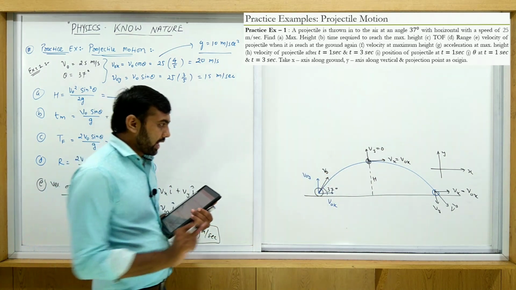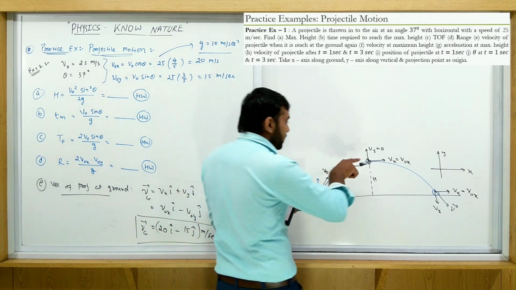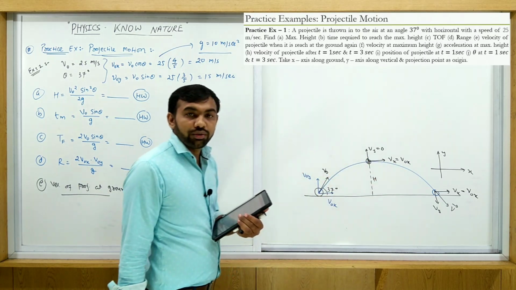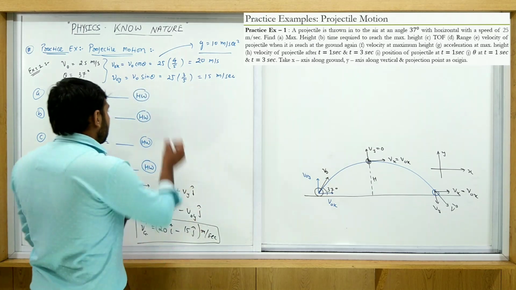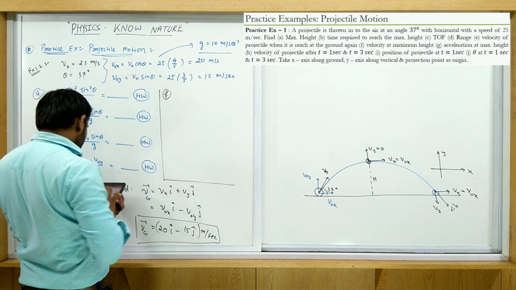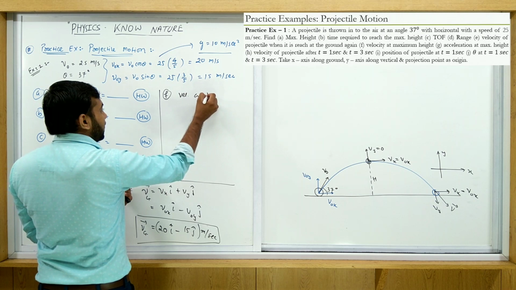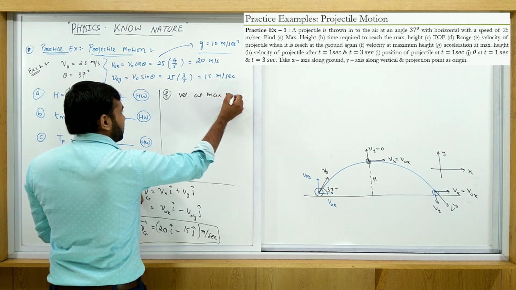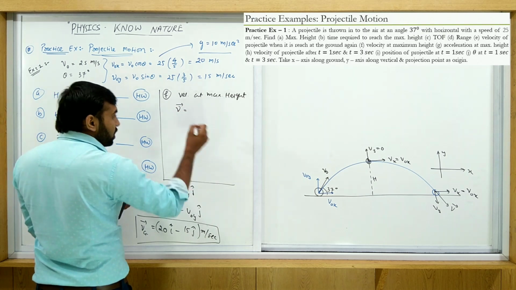At the maximum height, the vertical component of velocity is 0, and only the horizontal component of velocity remains. So at maximum height, velocity is equal to only v0x. So v is given as v0x.